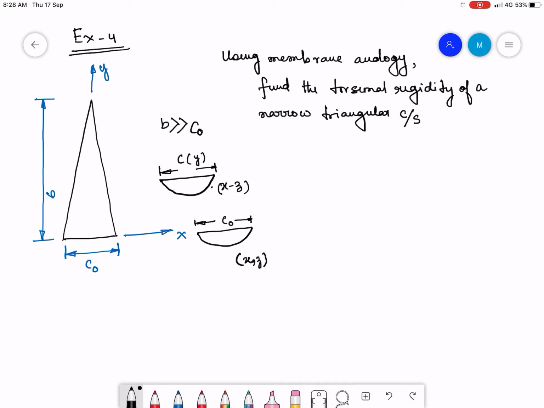Okay, so let me just reiterate that the deformed shape of the membrane can be very well approximated as parabolic, with the width of the parabola changing with y. So at an arbitrary y, it has a width of C, which is a function of y. Okay, let me write it down.